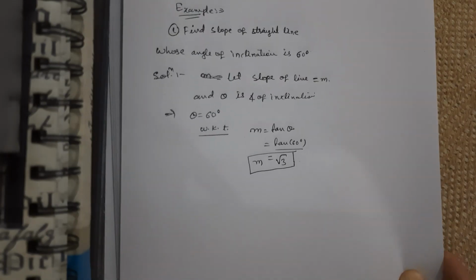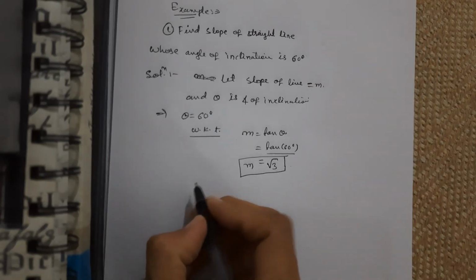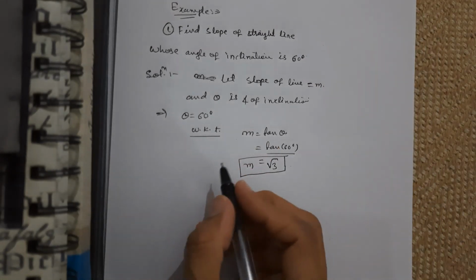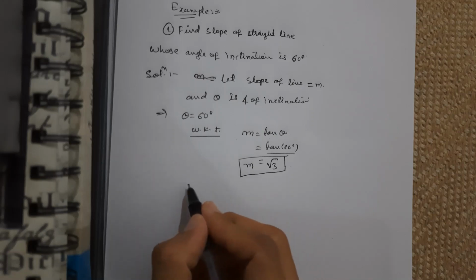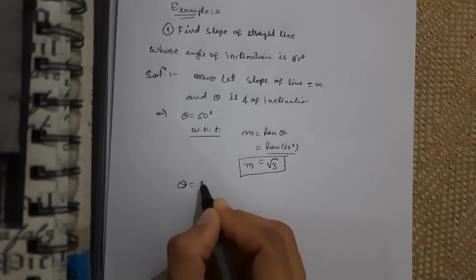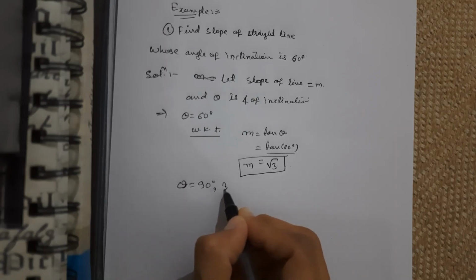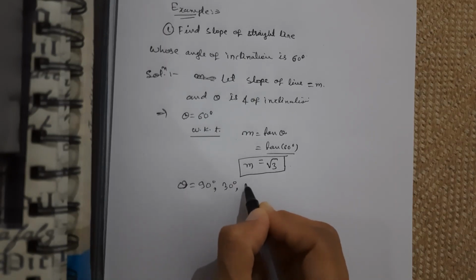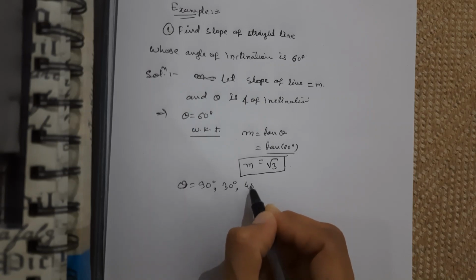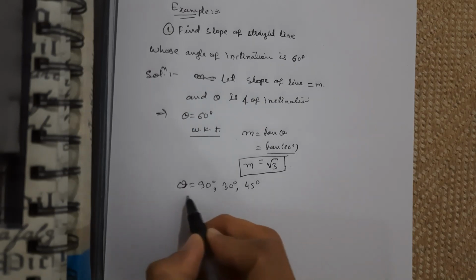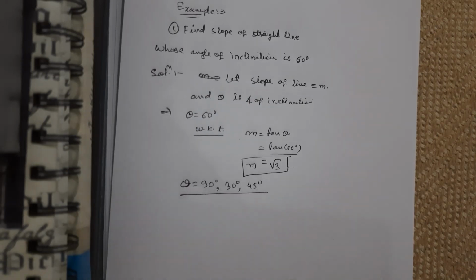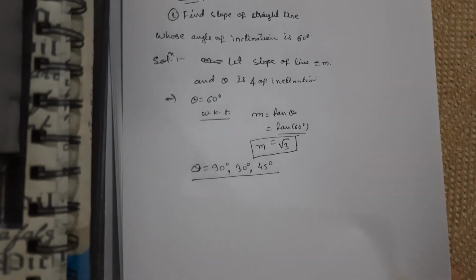Now calculate the slope if theta is given as 90 degree, 30 degree and 45 degree. Just try to calculate the slope if the angles of inclination are these.